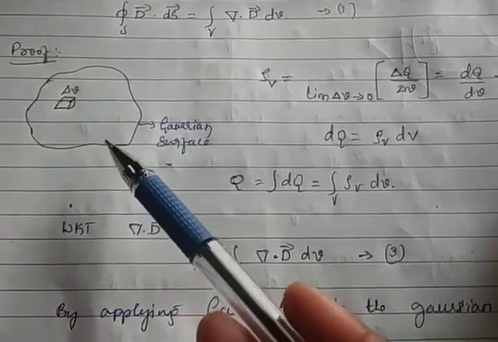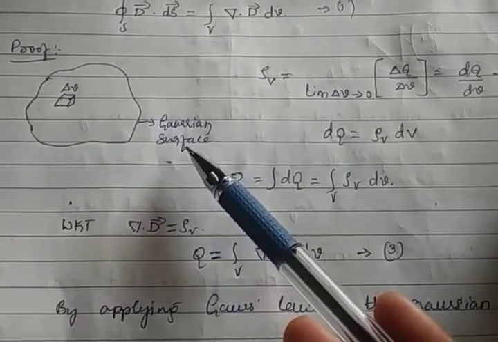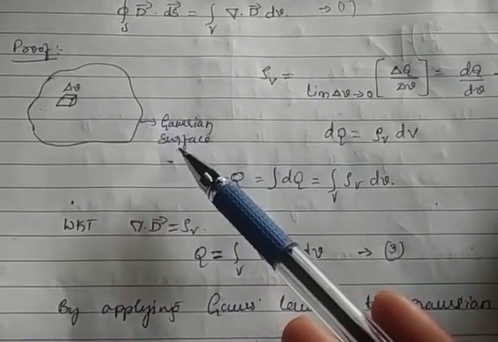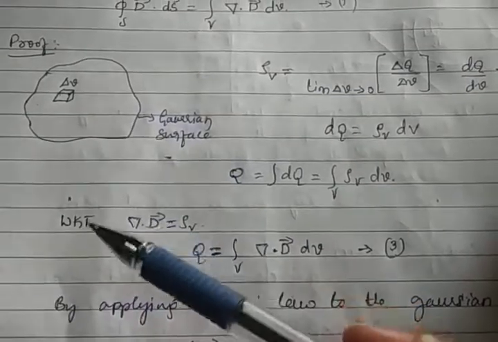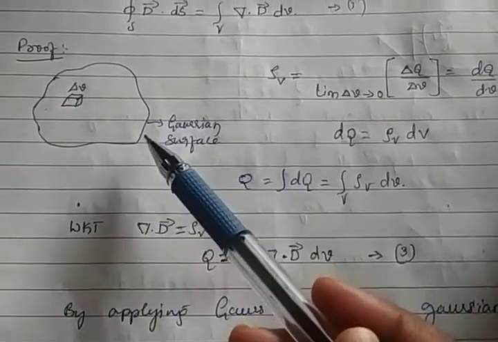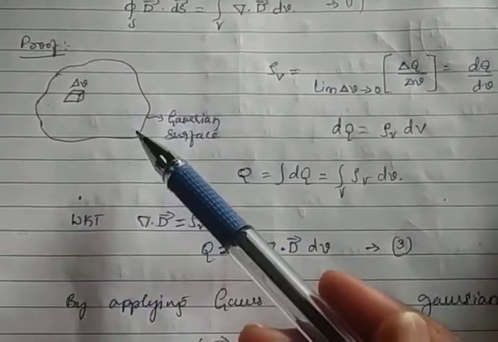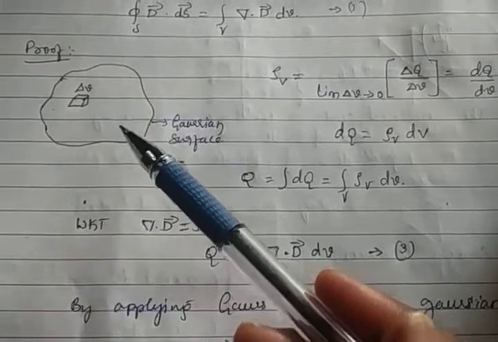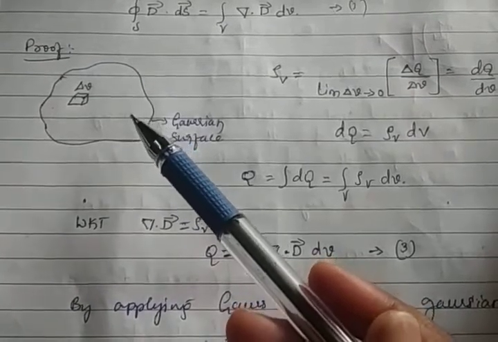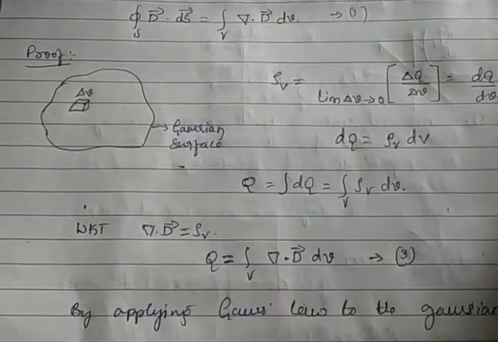A closed surface of any shape can be imagined surrounding those charges. Such a surface is called a Gaussian surface.